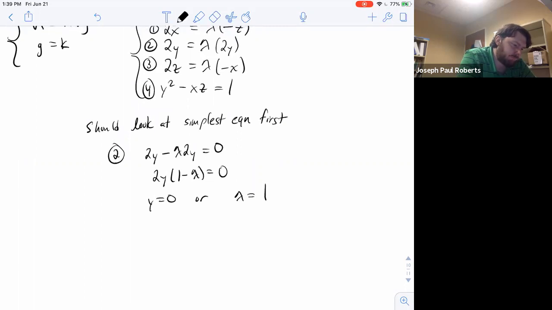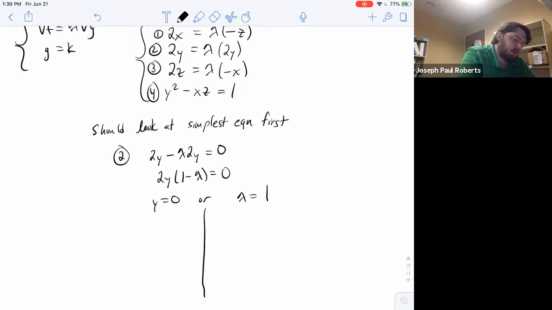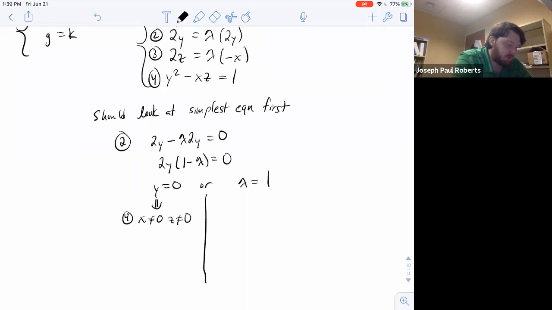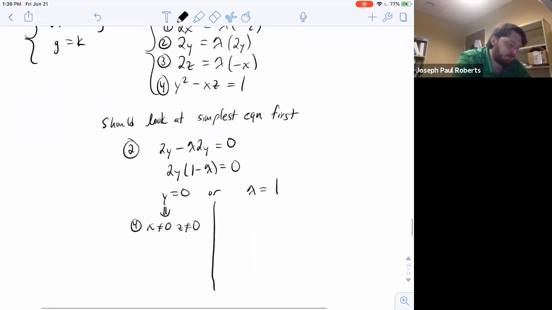Well, if y is 0, that implies from equation 4 that x and z can't be 0, because if y and either x or z were 0, 0 would be 1, which is impossible. So if y is 0, neither x nor z could be 0.